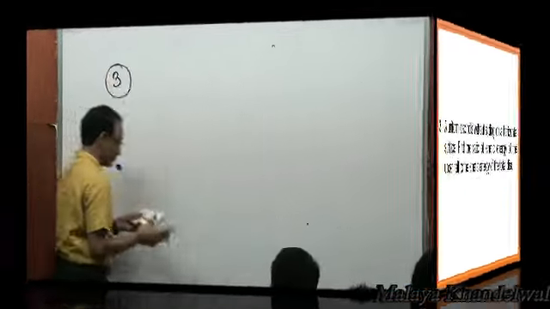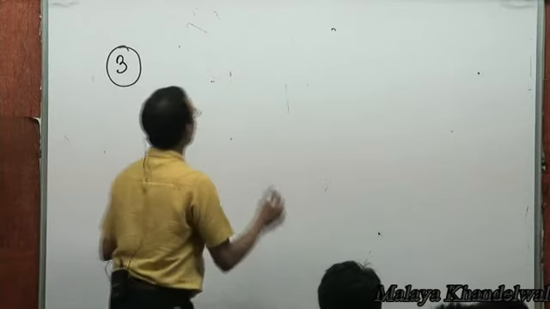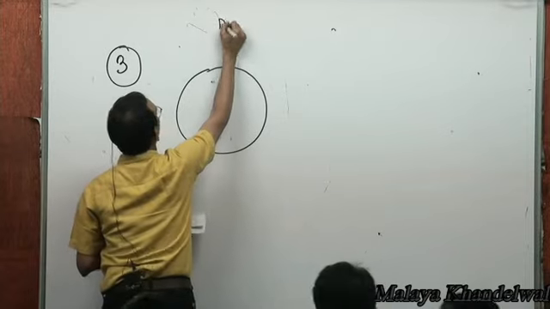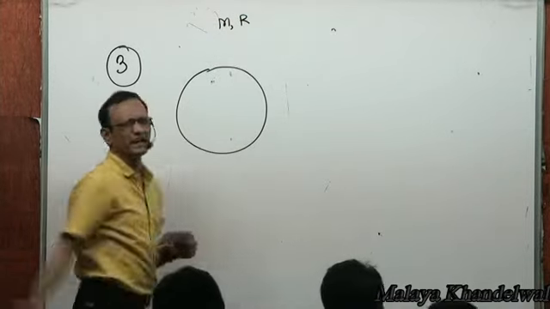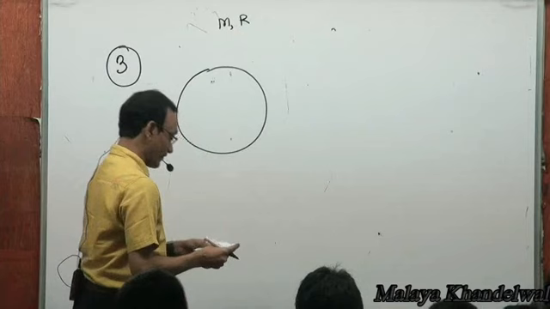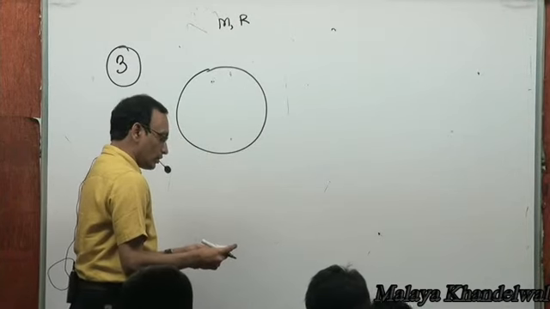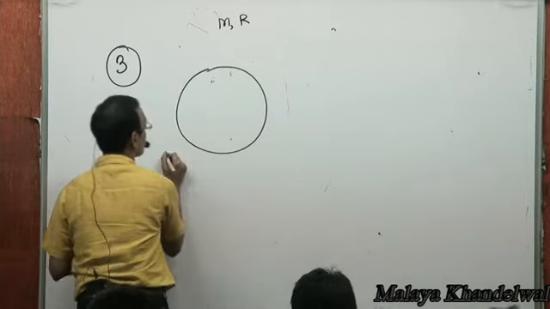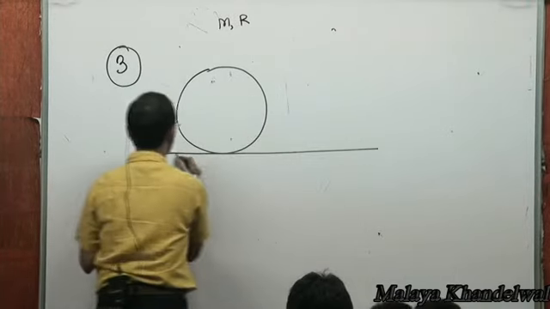Problem number 3 is a uniform disk, say mass m and radius r, which you can pretend that you know, right? It rolls without sliding, in a state of pure rolling on a fixed horizontal surface.